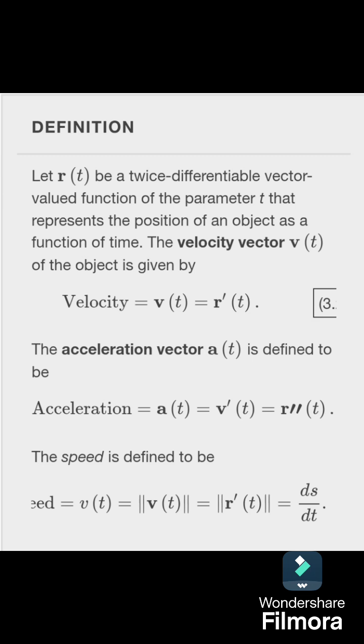And the acceleration vector a(t) equals v prime of t, which equals r double prime of t. And speed equals the magnitude of velocity, which is the magnitude of r prime of t, the derivative of position over time.